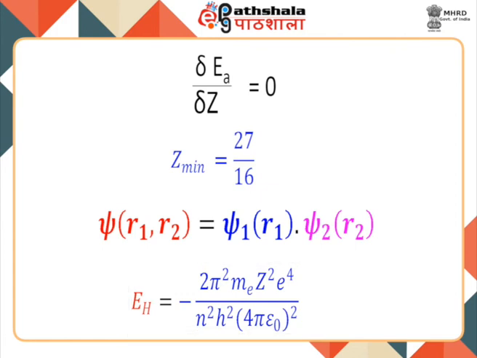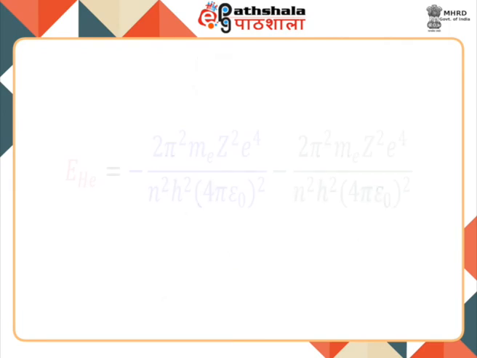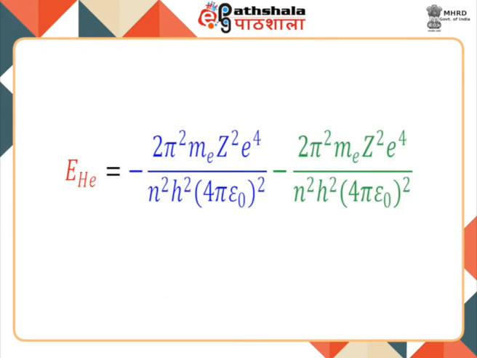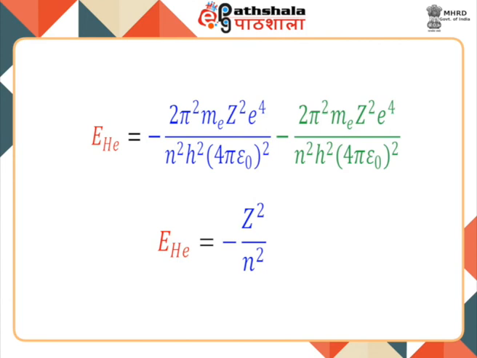So the helium atom energy now becomes as shown in equation 20a, minus, in numerator, 2 pi square m e Z square e to the power 4 upon n square h square into (4 pi epsilon naught) whole square, minus, in numerator, 2 pi square m e Z square e to the power 4 upon, in denominator, n square h square into (4 pi epsilon naught) whole square for each respective electron, which on simplification in terms of atomic units gives us expression 20 with n is equal to 1 for ground state.